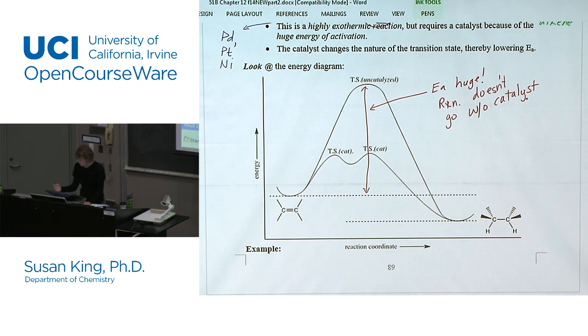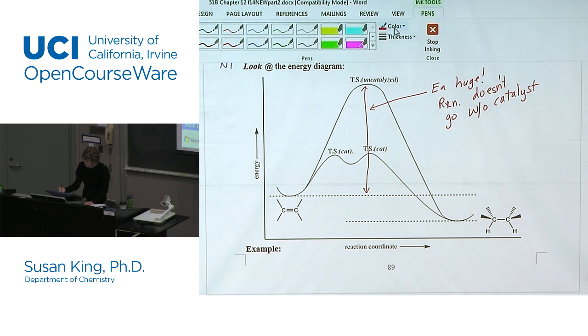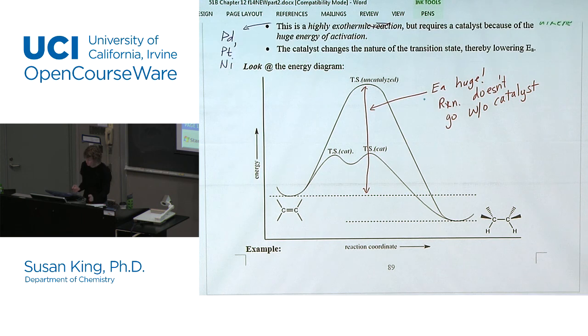So in other words, you can't assume just because this is a very exothermic reaction that it is going to go easily. If it has a very high energy of activation, then it's not going to go easily. So here is the catalyzed reaction. Again, this is just generic, but you can see that this is a much smaller energy of activation. We still have to come up with this much more, but even so, a much lower energy of activation.